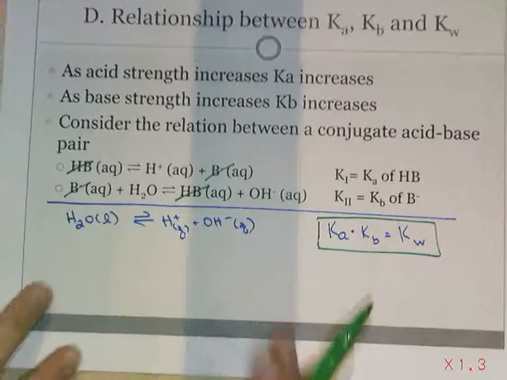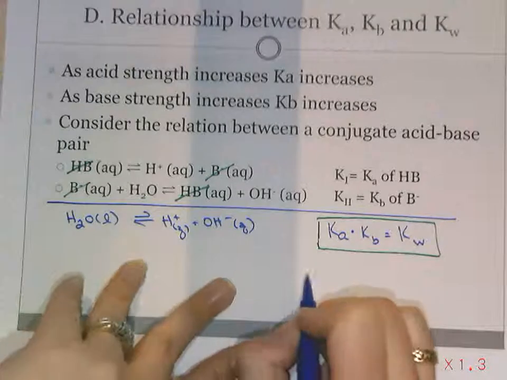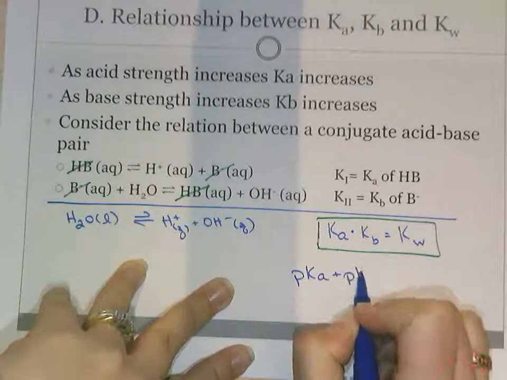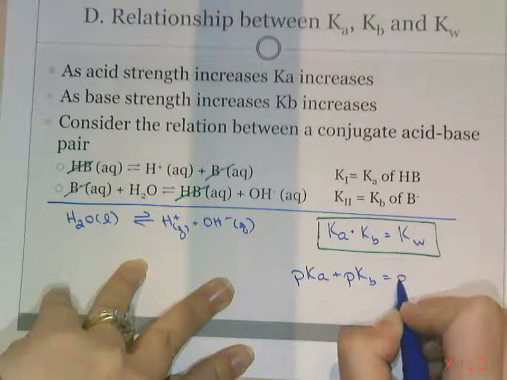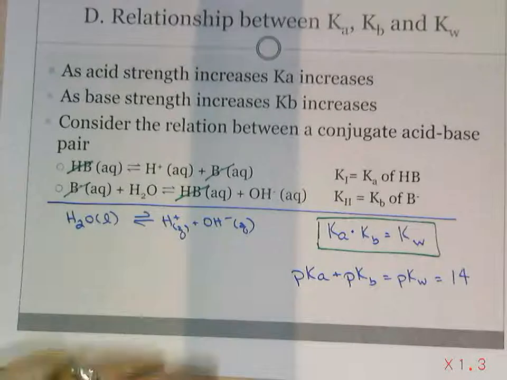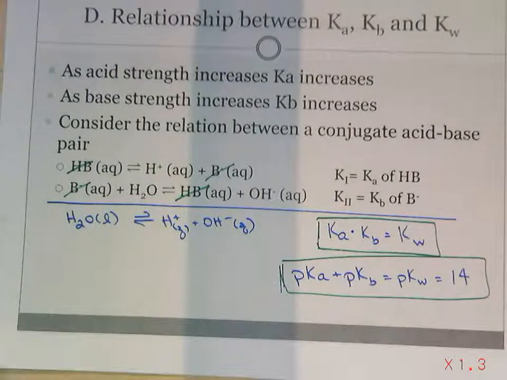Or if we mess around with some logs, that would also be true. So if we know the pKa, we can figure out the pKb because they have to add to 14.